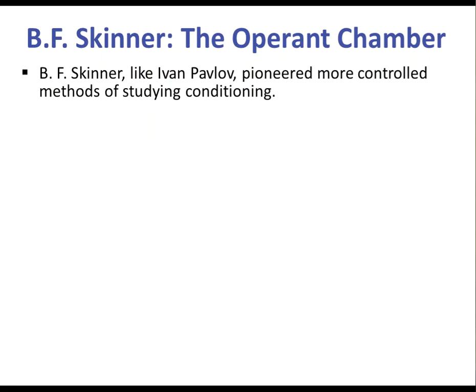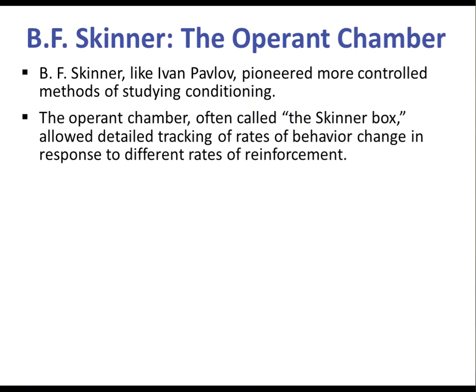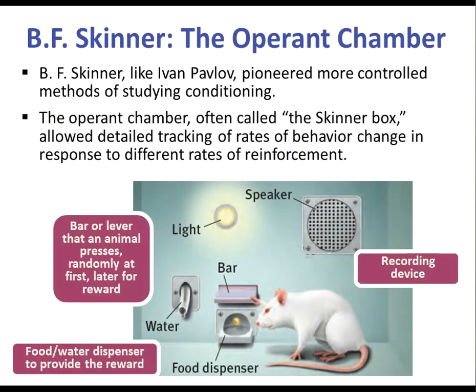B.F. Skinner then developed the operant chamber. Very much like Ivan Pavlov, he pioneered more controlled methods of studying conditioning. The operant chamber, often called the Skinner box, allowed detailed tracking of rates of behavior change in response to different rates of reinforcement. So what would happen here? You'd see food would be dispensed.